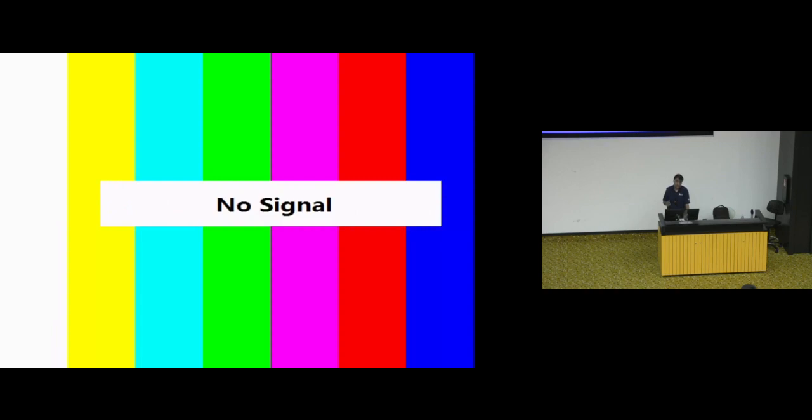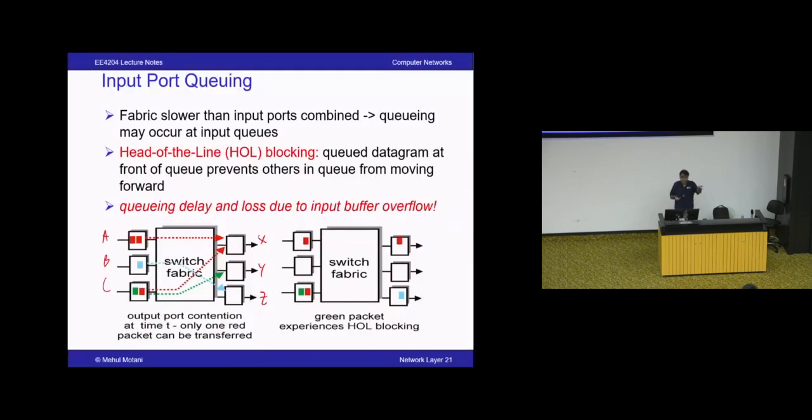Right? Now, in this case, is it really a competition? I'm not sure, because I told you the routing processor does it. But the routing processor has to make a decision, right? A or C. Okay? Now, if A gets the use of output port X, then no one else can use output port X, which means that C cannot. But C has a red packet at the front of the queue. There's a green packet behind it, and the green packet is meant for output port Y, which is actually free.